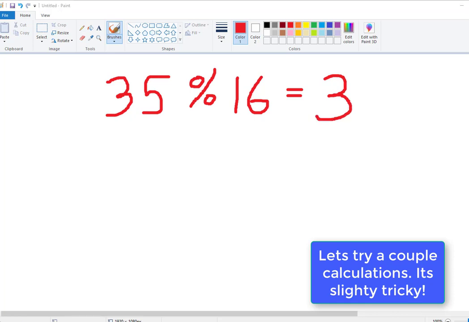Keep in mind that on that chart we saw before, we saw that 16 equals 10, right? We saw that 32 equals 20.